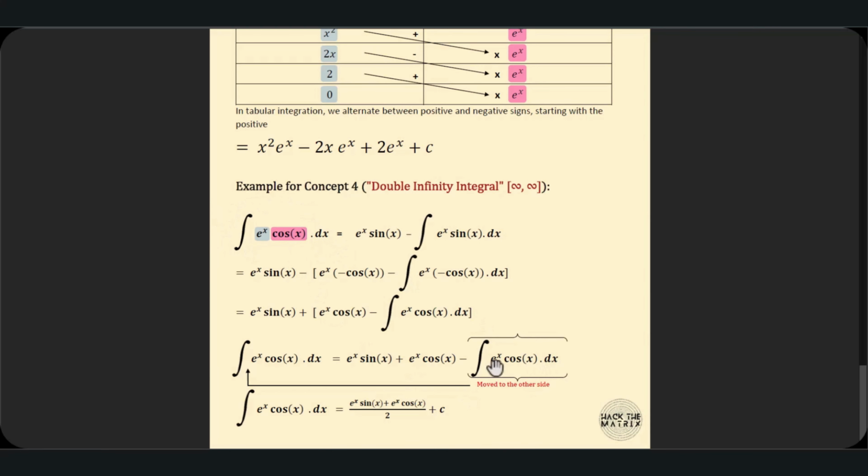Here we have a minus sign, and we are able to move this to the left side, as you can see here, and then we're going to have 2, like there's supposed to be 2 here. However, I simplified the solution and divided by 2 on both sides, and this is how I got the final result. This is the final answer: e to the power x sine x plus e to the power x cosine x, over 2, plus c.